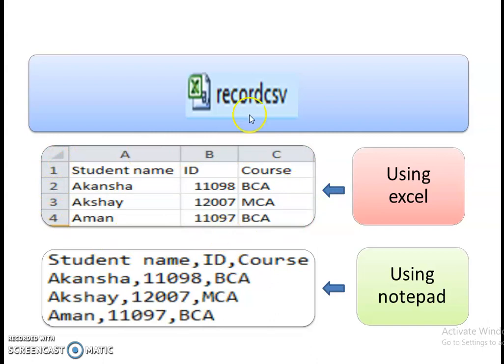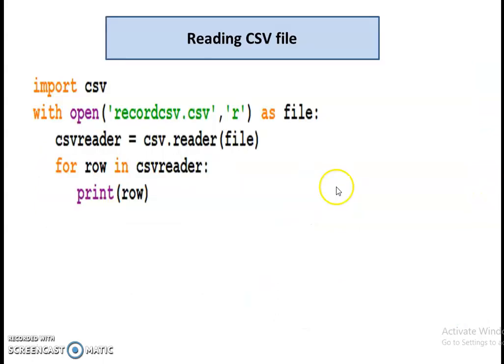And when we open the same file using Notepad program, record will be like this, as you can see. Student name, comma, ID, comma, codes. So each record is separated using comma. So in this manner, we can create CSV file using Python program.